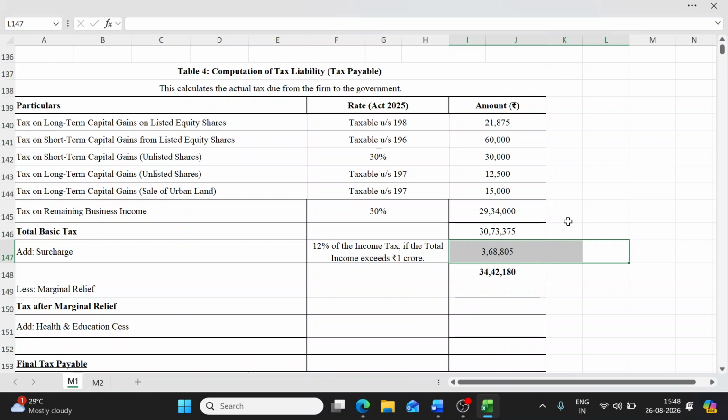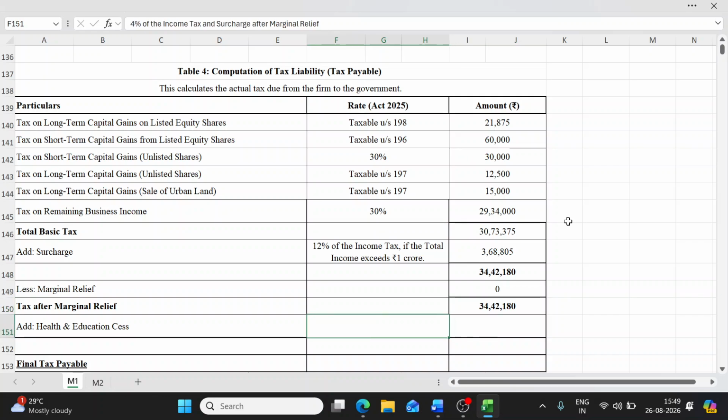Then you can show directly that marginal relief is zero. There is no need to make any computation for marginal relief, because the excess income over the threshold limit is more than the amount of surcharge. But as I said, I wanted to show you, that's why I did the calculation for marginal relief. So marginal relief here is zero, so tax after marginal relief will remain the same.